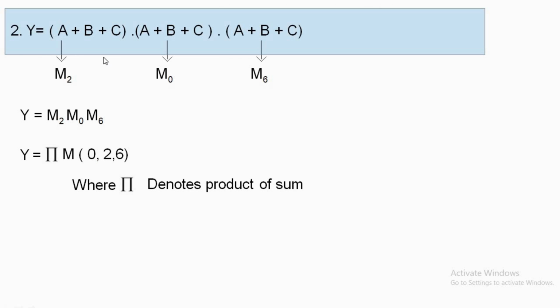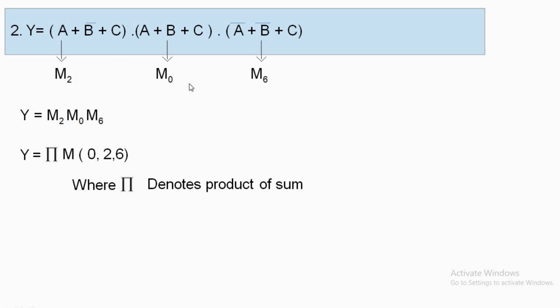Now, we will see the POS form or max terms. Consider this example. Y is equal to A plus B plus C, A plus B plus C, A plus B plus C. Now, for POS form, let us consider this equation. Y is equal to A plus B bar plus C into A plus B plus C into A bar plus B bar plus C. From this equation, we can write down max terms.